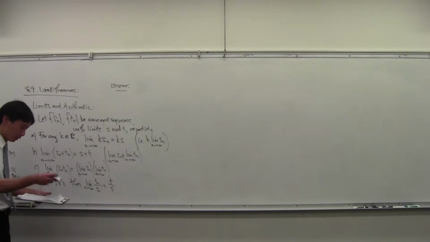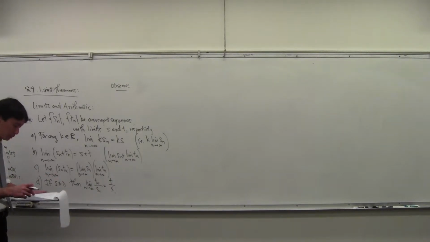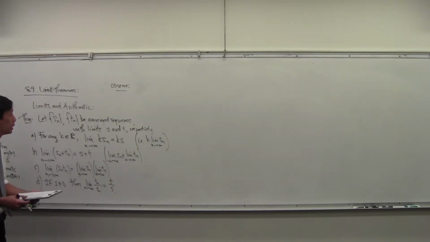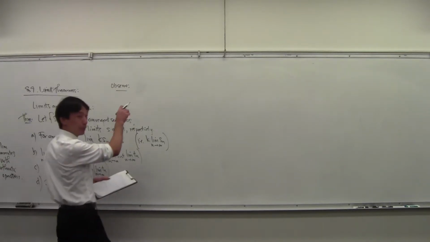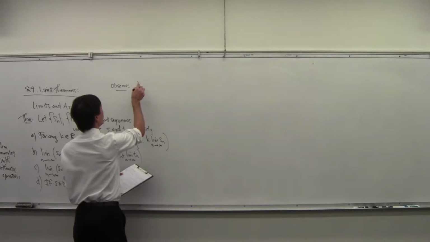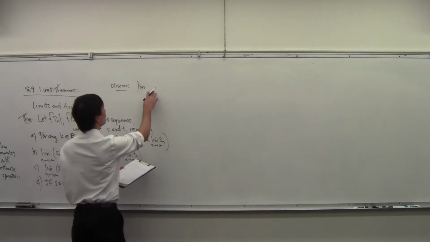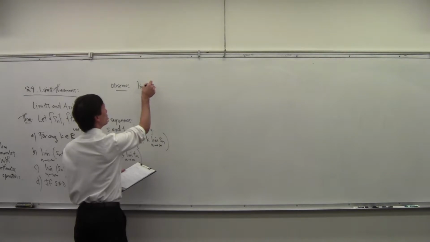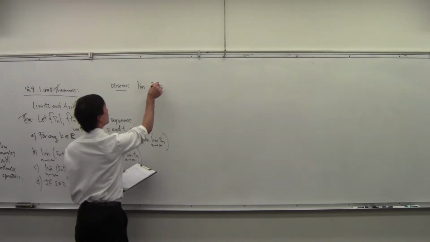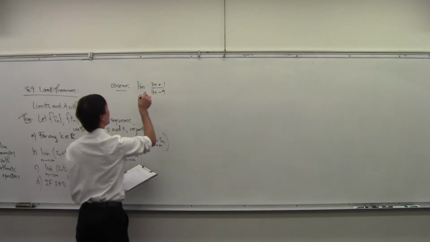Actually, let me. Yeah. So for example, if we're thinking about Mitchell's problem, which was something like 3n plus something over 7n plus something, I don't remember.